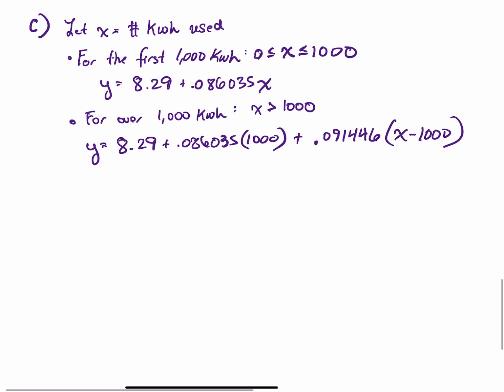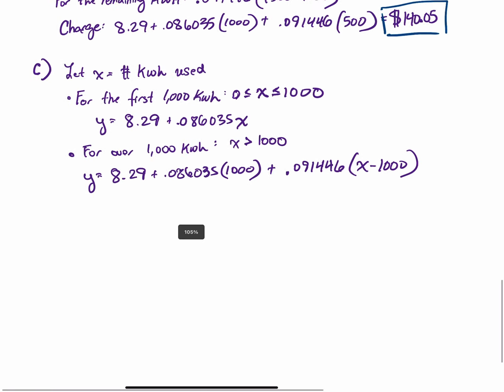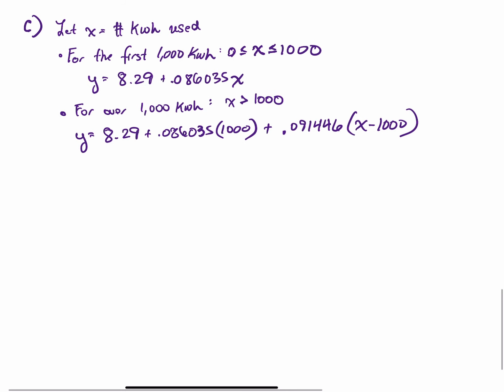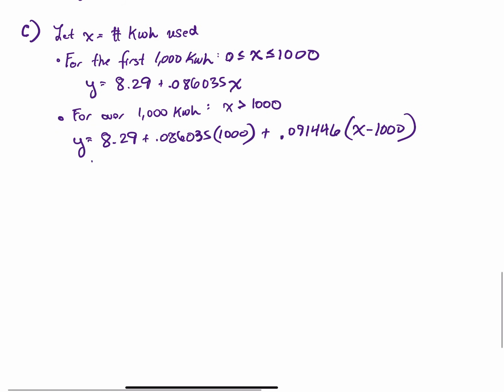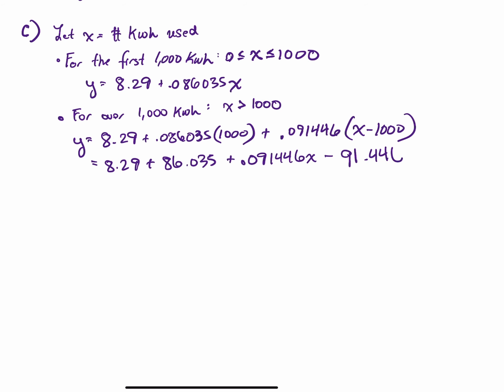So let's just clean this up a little bit. So this will be 8.29 plus, this will just move our decimal point, so this will be 86.035 plus, and let's distribute the 0.091446, so 0.091446x minus, and then times 1,000, so that will move that decimal place, 91.446.